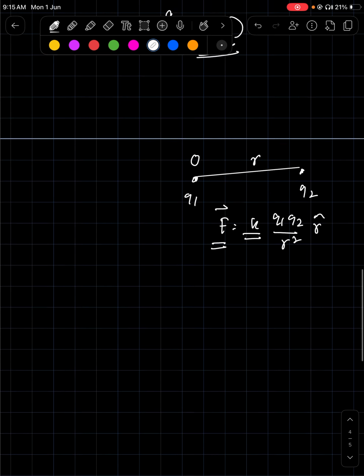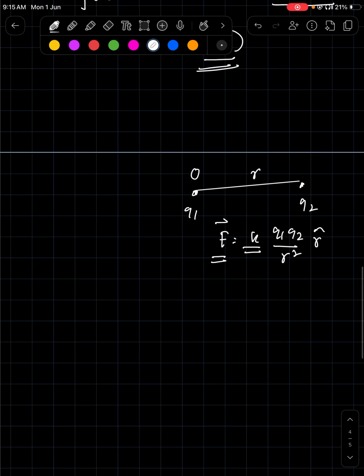Suppose in air the force between the two charges is given by this formula. When the two charges are kept in water, the Coulomb constant changes to Kw, representing the Coulomb constant in water.